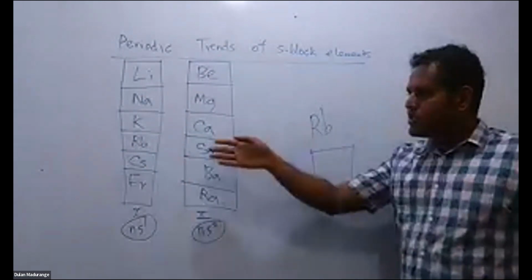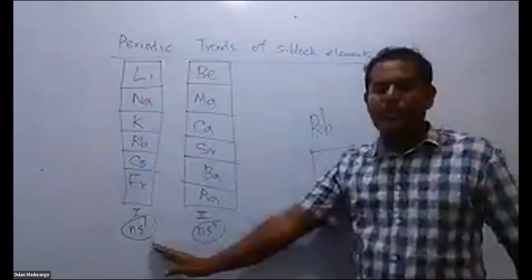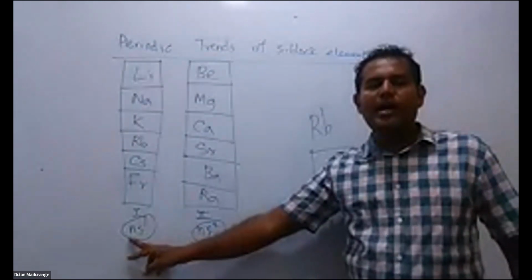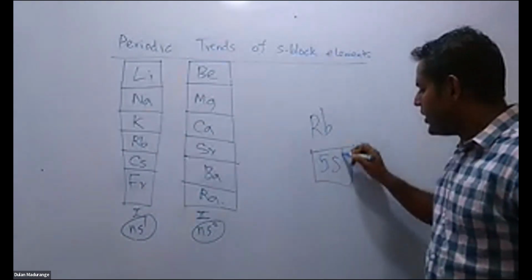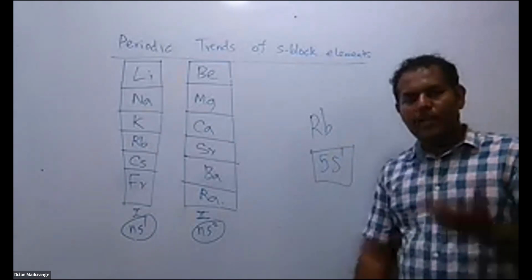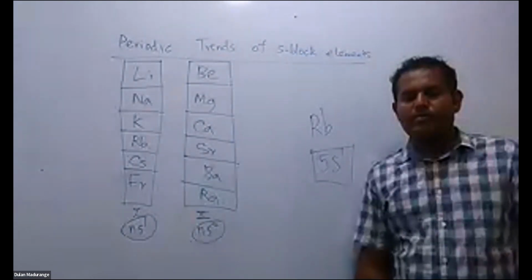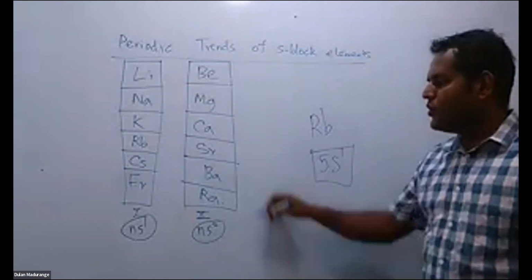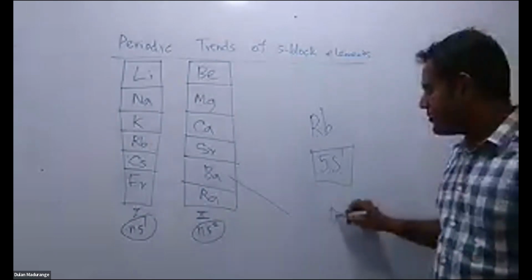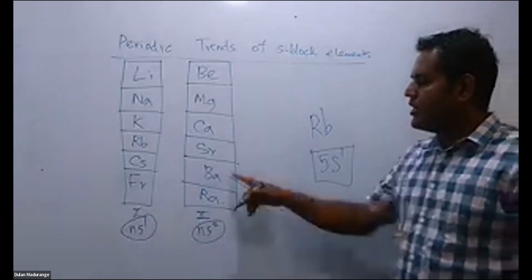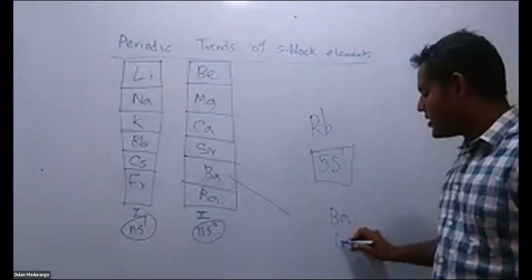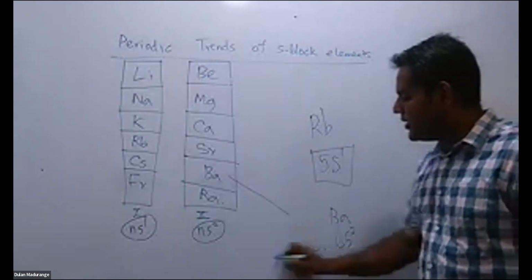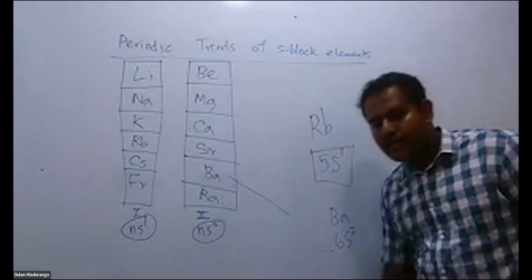So for that group, the common configuration is NS1, and N is the period number. Rubidium is in the fifth period, so it is 5S1, the valence electronic configuration. And if you want to find the configuration of barium, the same thing: NS2, and this is in the sixth period, so 6S2.